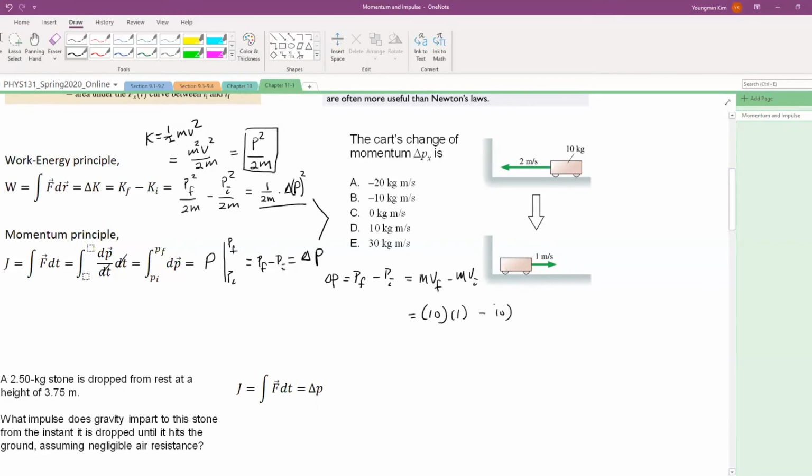The mass didn't change, 10 kilograms. The initial velocity was minus 2 because it was going to the left. So the change of momentum is 10 plus 20, that is equal to 30 kilogram meters per second.